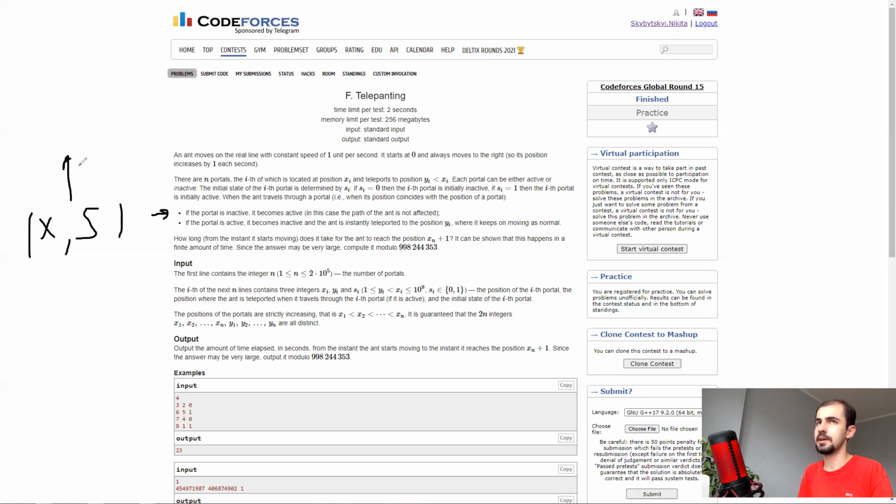So we have very specific edges, either of the type x plus 1 with s, or x plus 1 with s prime, because we passed through some inactive portal and changed it to active, or we have some other edges. Either way, each state uniquely determines the next state, the position at which will be the very next second.